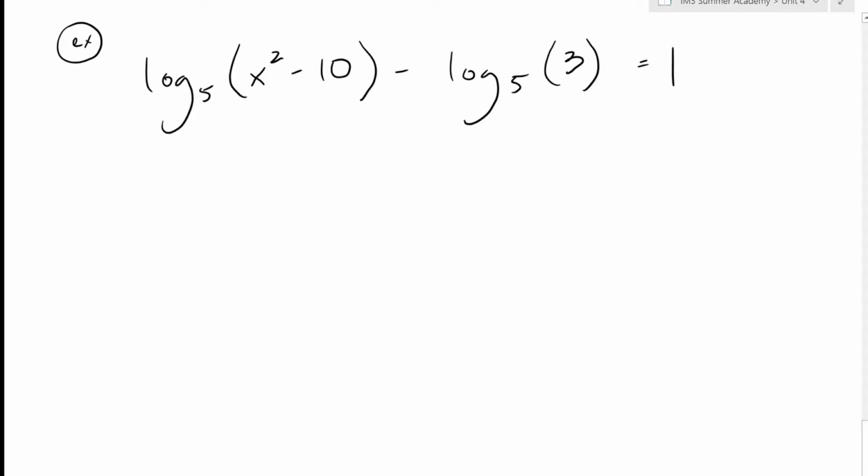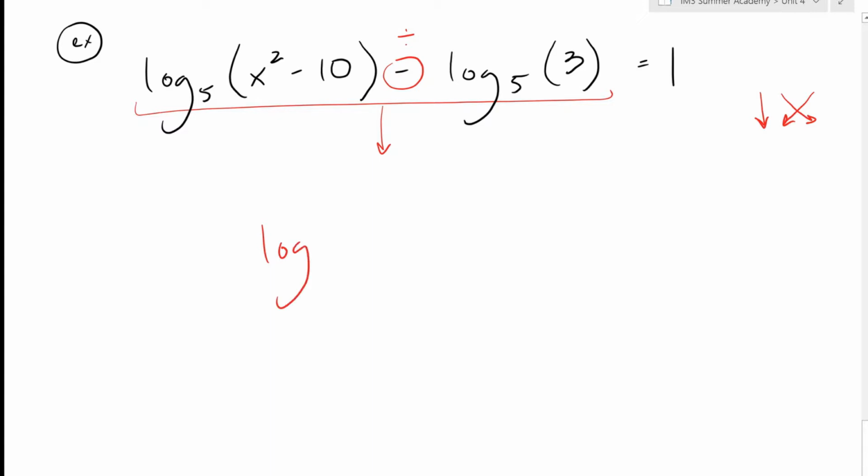And just hearing that, equals 1, equals a constant, we're going to use down and diagonal. Still need to condense this side down. It's subtraction, so it's going to become division. So log base 5, top, x squared minus 10, bottom, 3 equals 1.